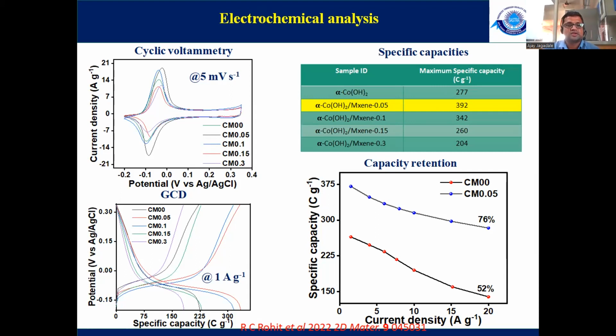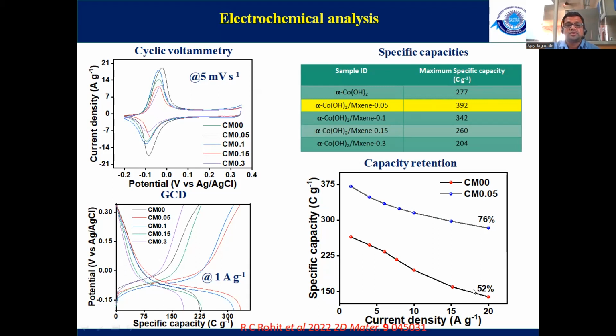Again, galvanostatic charge discharge was performed to estimate the values of rate capability and specific capacities. Here you can see that when the surface of alpha cobalt hydroxide was modified with 0.05 milligram per centimeter square of MXene material, the capacity retention of the sample increased a lot.